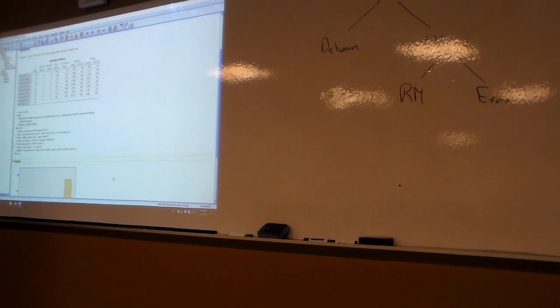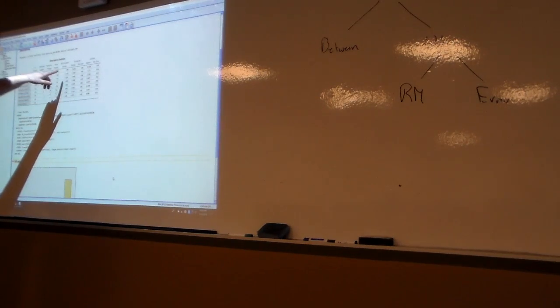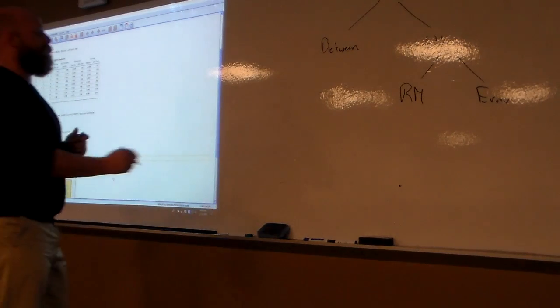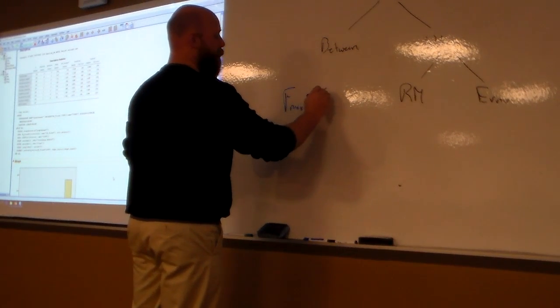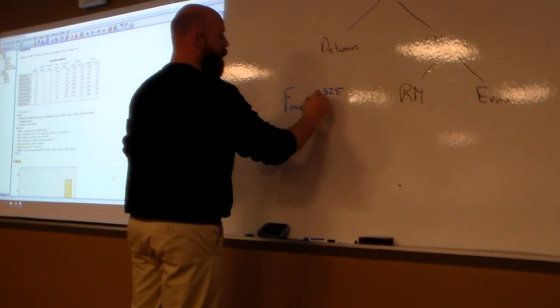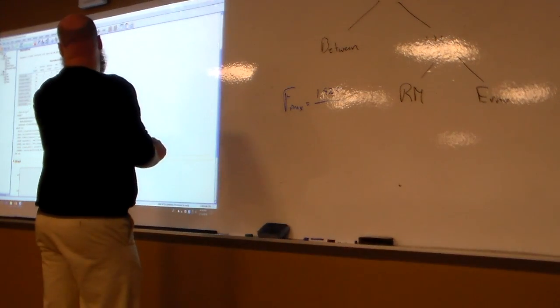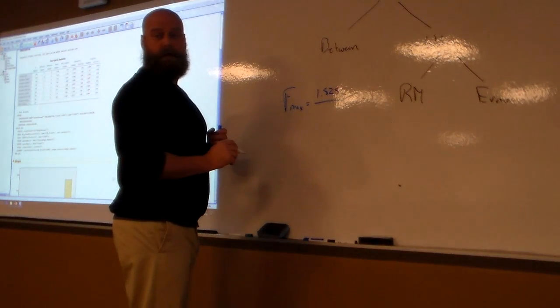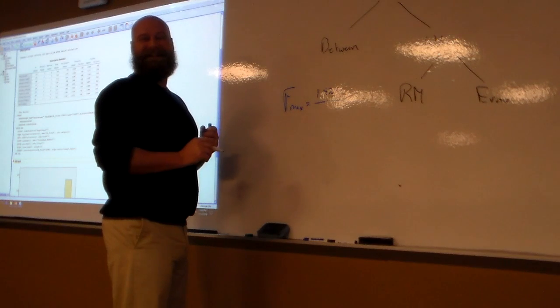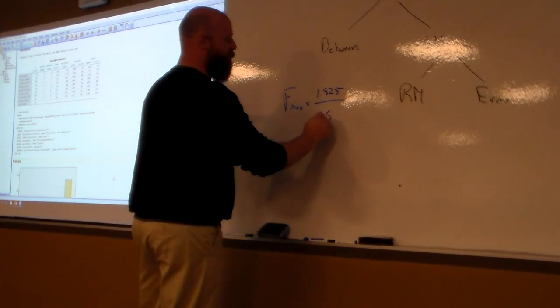If I look at my calculated F max, someone with a calculator, take 1.351 and square that. 1.825. And then take 0.77 and square that. 0.593.